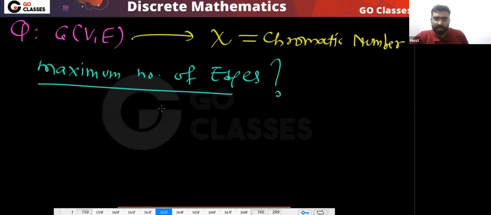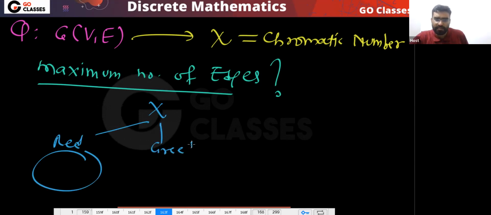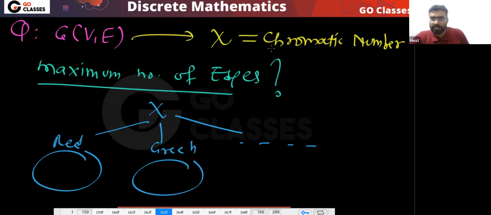This is actually very simple because let's assume these are your color classes. For example, these are the red, and these are the green, and so on. If your chromatic number is this, then how many edges can you get at maximum?